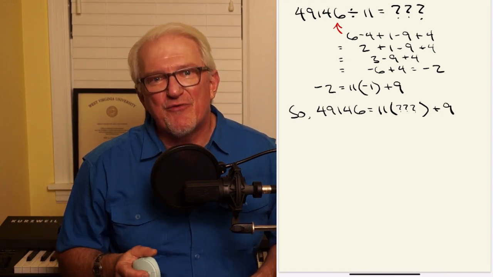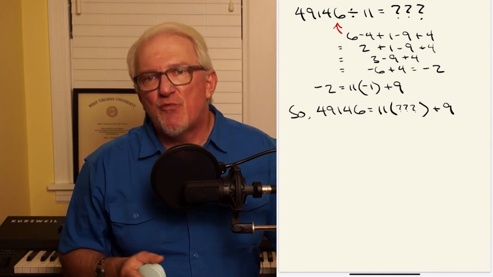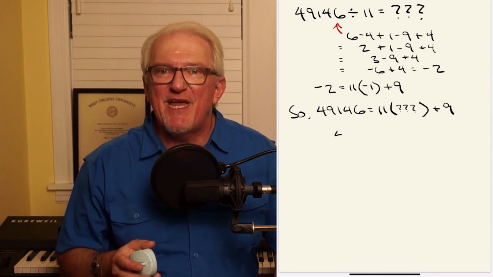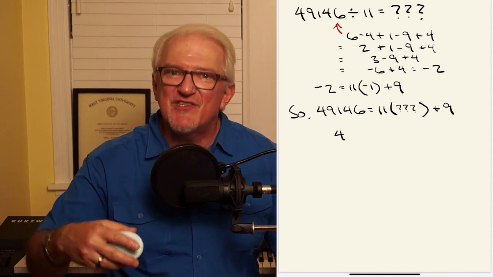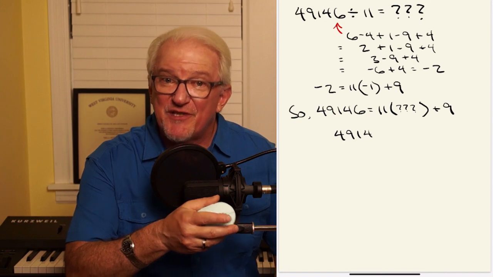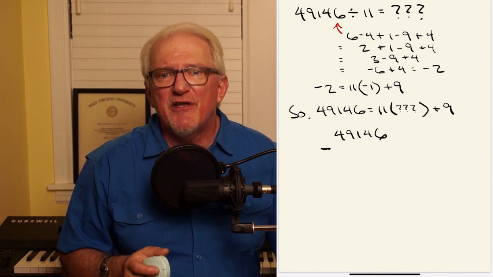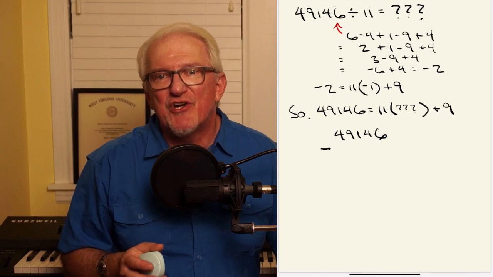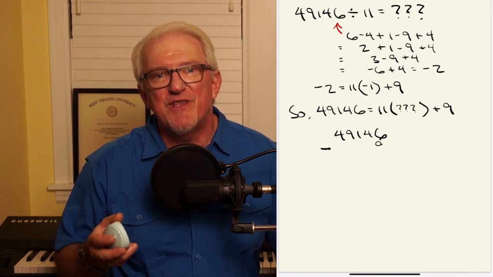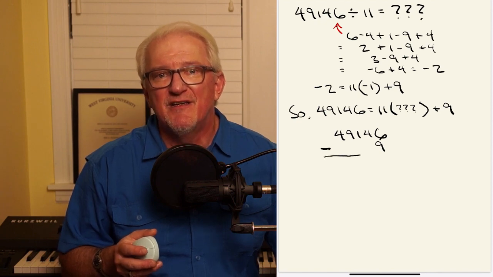Now we can get started with our division. Let's begin by writing 49,146 and placing the remainder of 9 below the 6 in the ones column. The rest of the mystery number to the left of 6 will be revealed in several steps, and we know from our earlier example that this number will turn out to be the quotient obtained when dividing 11 into 49,146.